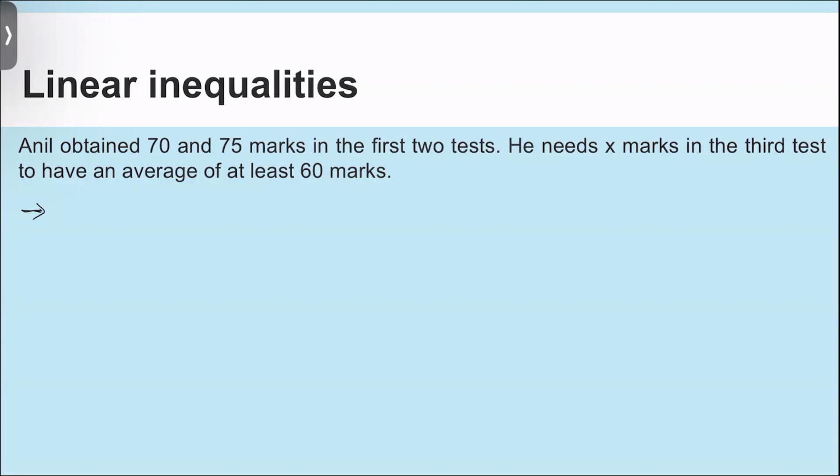Okay, so we have to find the solution, find solutions for X. Or we need to find what is the minimum marks needed by Anil in the third test so that the average of it is at least 60 marks.